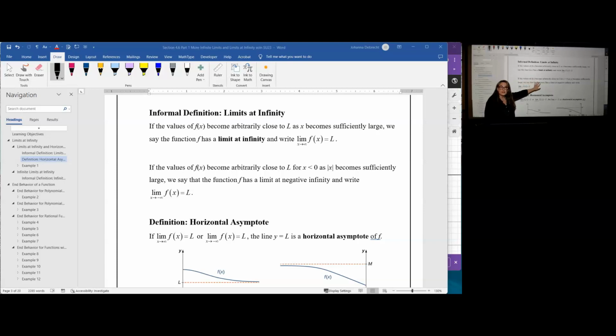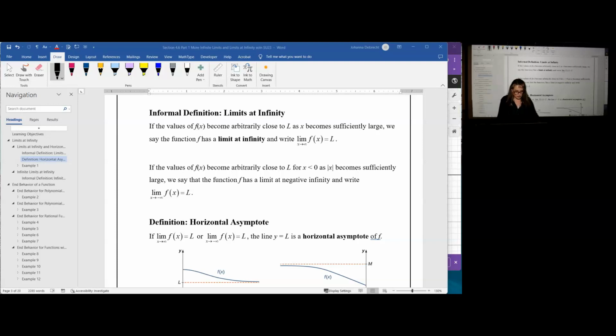We say the function becomes arbitrarily close to L for x less than 0 as the magnitude of x becomes sufficiently large. Then we say the function f has a limit at negative infinity, and we write it using this limit notation here. Notice that when we saw the absolute value of x, I read it as the magnitude. That's the best way to think of absolute value, the magnitude of what's inside.